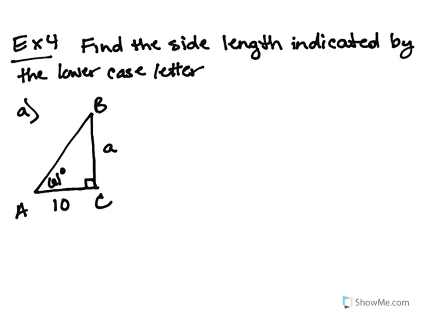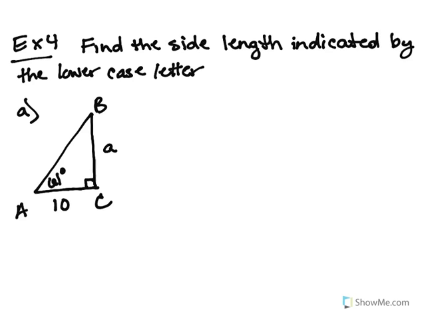Okay, going back to our trig functions here. The first couple examples we did, we found all 6 trig functions given enough information off of the triangle. Now, we're going to have different pieces of information, and we're going to be asked to solve for a side length.